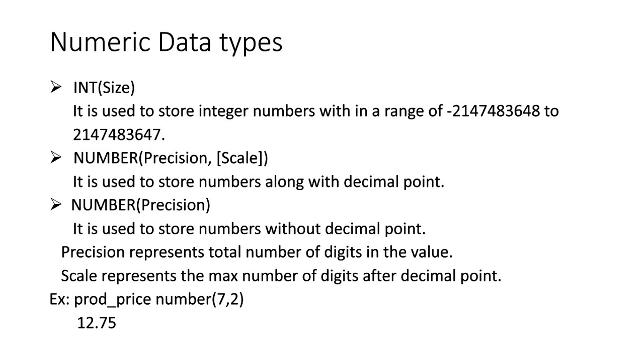And coming to NUMBER with precision and scale, it is used to store numbers along with decimal points. Here we need to know what precision and scale are. Precision represents the total number of digits in the value. Like if you want to give 12.75 as data into the database, here we are giving 4 digits: 1, 2, 7, 5.